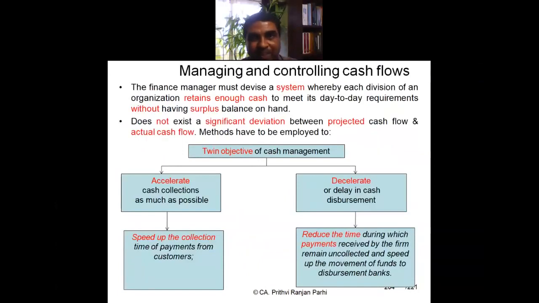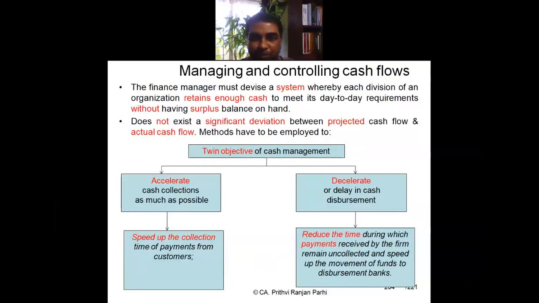Now, coming to the other part, managing and controlling cash flows. When we talk about cash management, earlier also we have talked about this, two aspects have to be taken care of. One is accelerating the cash collections, we need to speed up the cash collection, and the other is decelerating the cash disbursements.